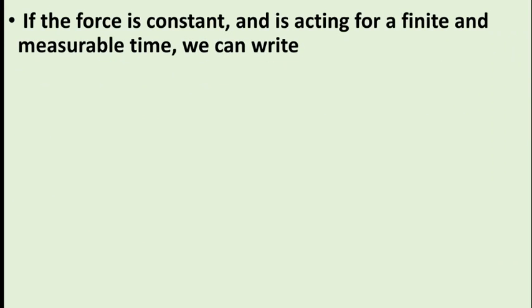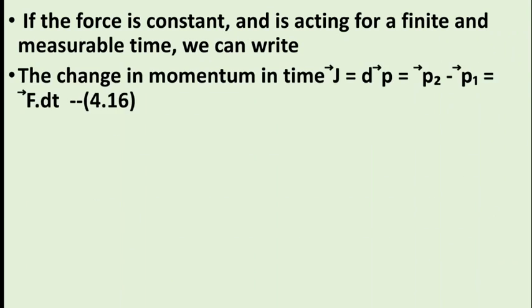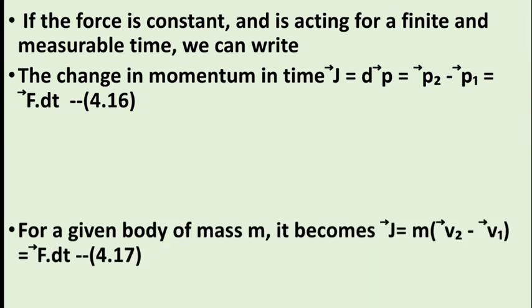If the force is constant and is acting for a finite and measurable time, we can write the change in momentum in time, vector J, is equal to vector dp, which is equal to vector p2 minus vector p1, is equal to vector F dot dt as equation 4.16.